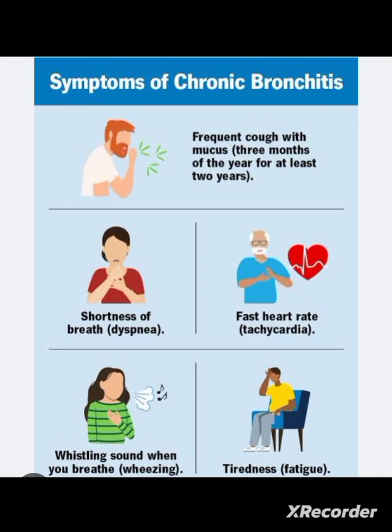Then a whistling sound when you breathe, that means when you auscultate the person you can hear the musical or whistling sound. Extreme tiredness or fatigue will be present. In extreme cases there will be cyanosis, hypoxemia, hypercapnia, and decreased exercise tolerance. All these features will be exhibited by the chronic bronchitis patient.